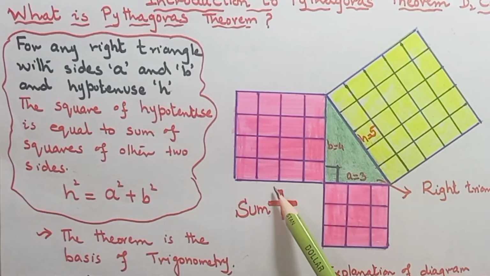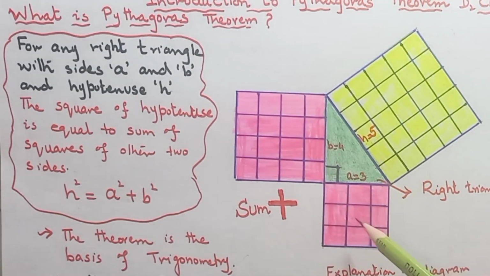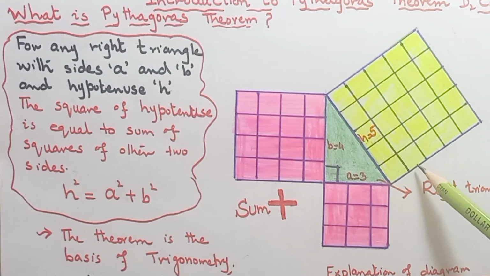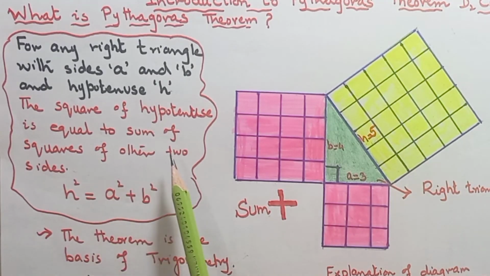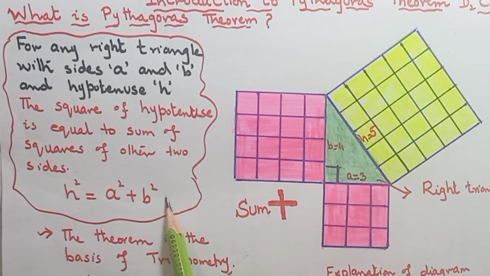Now we take the sum of the squares of height and the squares of base. 16 plus 9 gives us 25, which is equal to the hypotenuse square. So it means that in any right triangle, the square of the hypotenuse is equal to the sum of the squares of the two shorter sides.